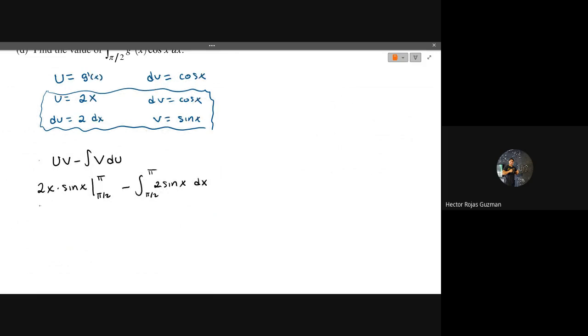Now, be really careful here, because it's going to get long. We have to evaluate this part of our problem by doing f of b minus f of a. So 2 pi times sine of pi minus 2 times pi over 2 times sine of pi over 2, minus the antiderivative of 2 sine of x, which is negative 2 cosine of x, evaluated from pi over 2 to pi.